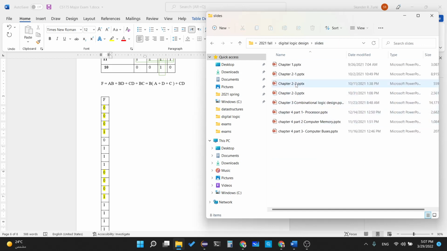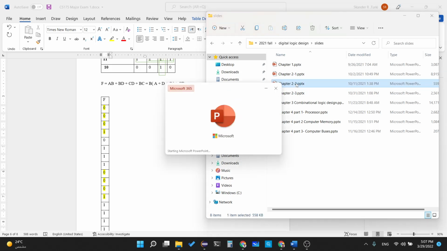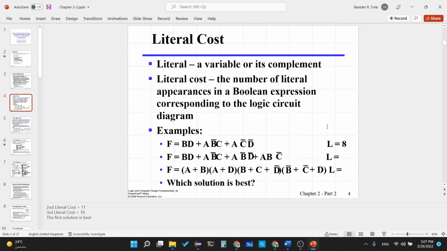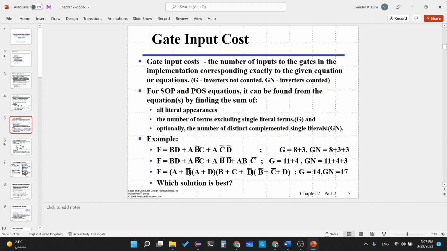So that was in chapter 2, I think, the first subject. It's this one here. So how do we compute G? All literal appearances, so the number of inputs to the gates in the circuit corresponding exactly to the given equation or equations.